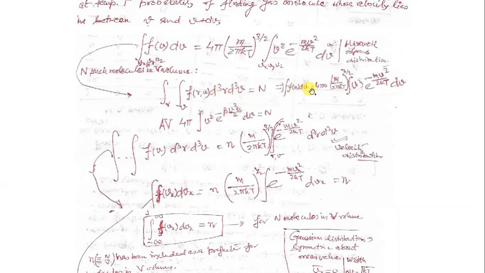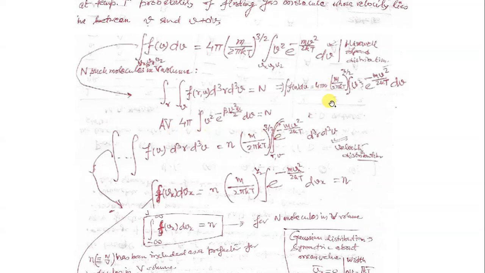So f(v) dv we can write as 4 pi n (m upon 2 pi kT) power 3 by 2 v square e power minus m v square upon 2 kT dv. So this is your velocity distribution function. So N, the total number of molecules, divided by capital V, the volume of the container, is nothing but small n.